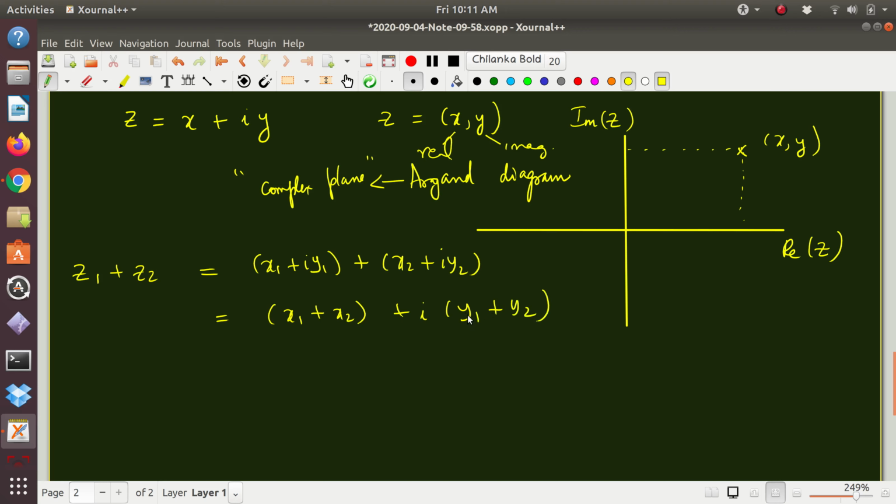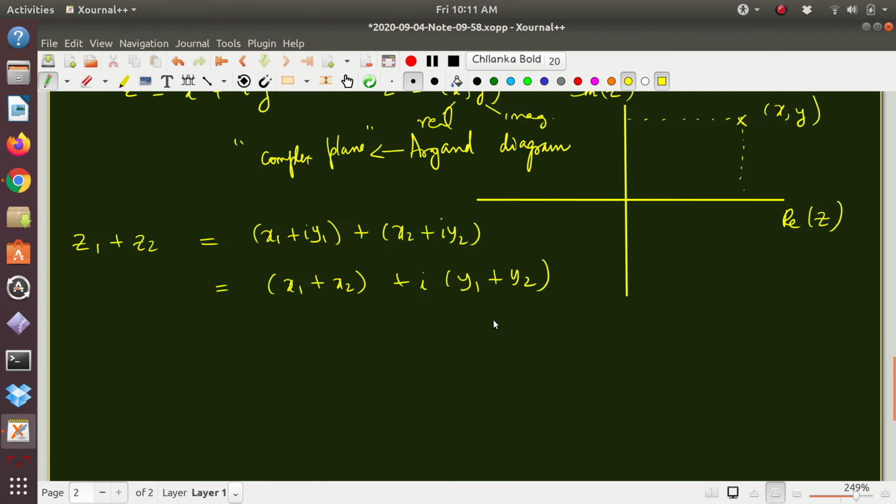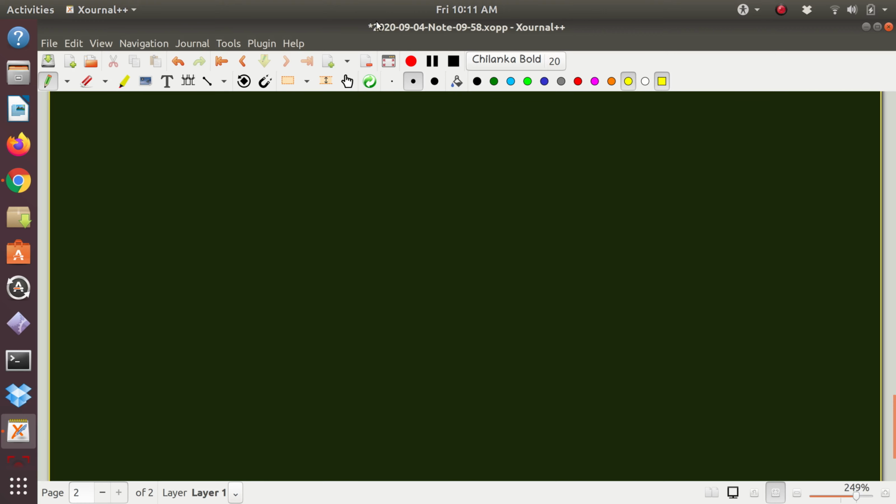That is how you add complex numbers. Of course, you can give a geometric interpretation as well. Suppose you have this complex plane. I call a complex number here z2 and another complex number here z1.